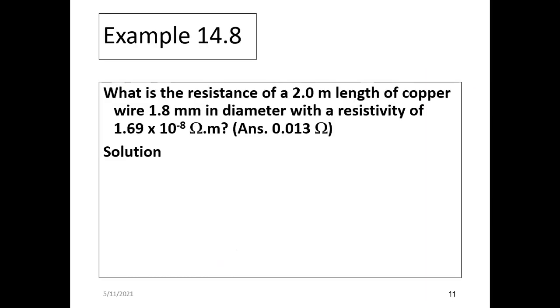Try this question using the formula we just gave you.